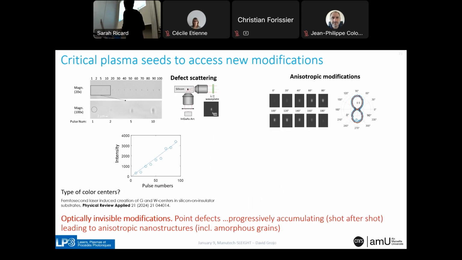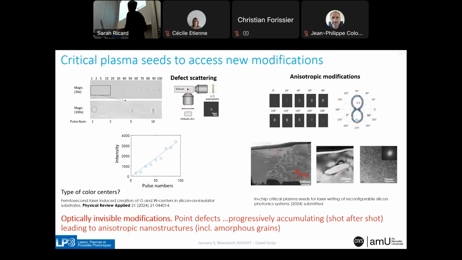But interestingly, we also found that when you increase the number of defects, you build an anisotropy in the defects. So looking at the strongest modification we could produce, scanning the beam over a very large volume, we tentatively did some TEM analysis to learn about the modification. And for the first time, we found some amorphous domains in this experiment.